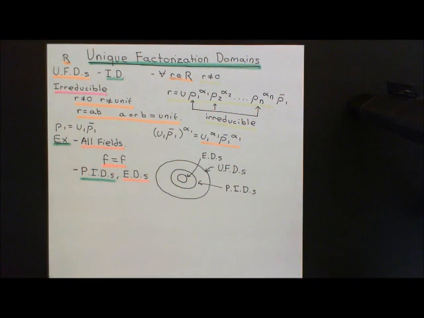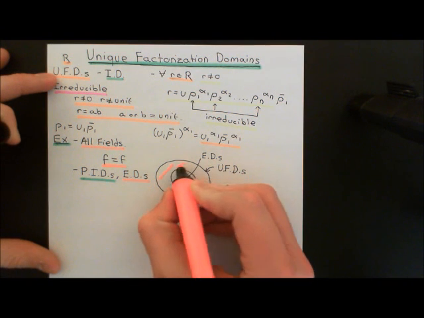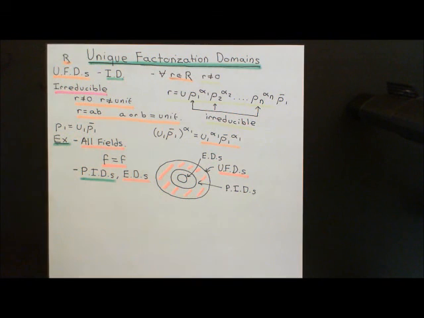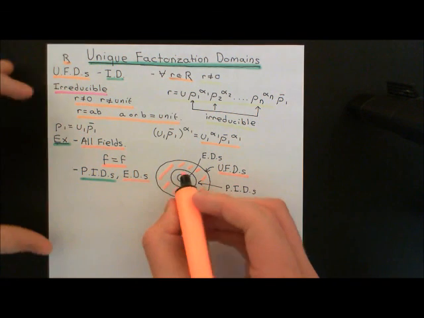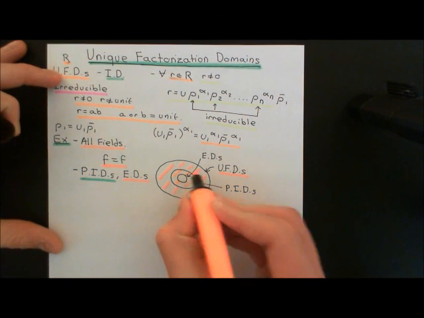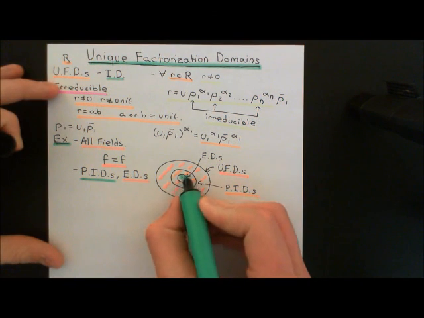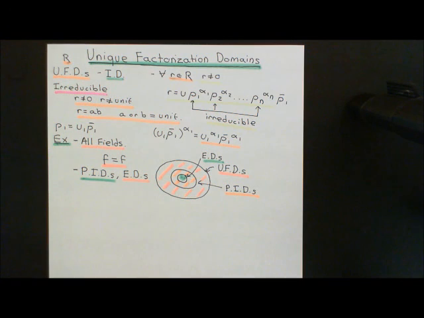So this bubble diagram does show the relationship correctly. The set of all unique factorization domains is bigger than the set of all principal ideal domains, which I'll colour in orange here, which is itself bigger than the set of all Euclidean domains, right at the centre there.